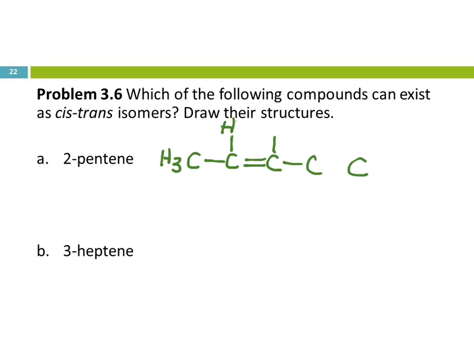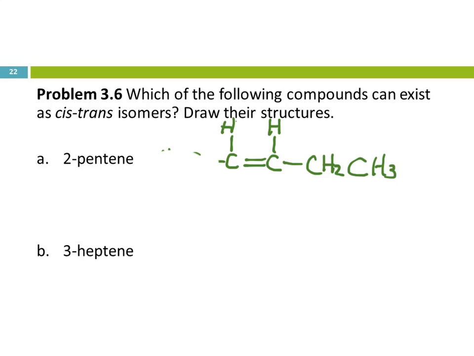The other carbon also needs a hydrogen. And then this is going to be CH2, CH3. Are these hydrogens on the same side or on opposite sides of the double bond? They're on the same side.